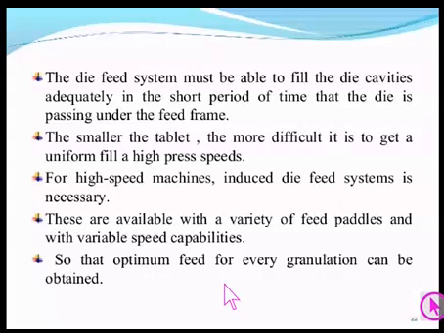So according to the feed frame type, the ability of the feed frame, and the quality of the granulation material, we have to optimize speed, so that ultimately we will be getting all the tablets having the acceptable parameters.